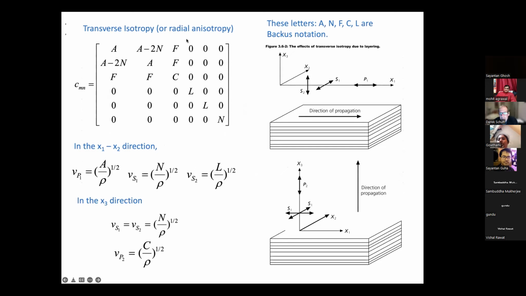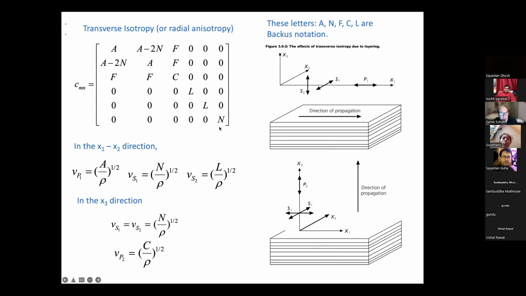We can calculate transverse anisotropy, or transverse isotropy, sorry. That basically means that velocities horizontally traveling see one velocity, and then velocities vertically traveling see another velocity. And this is perhaps one of the simplest anisotropic situations.